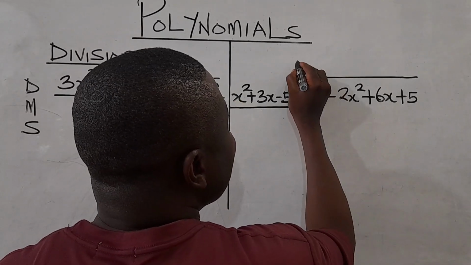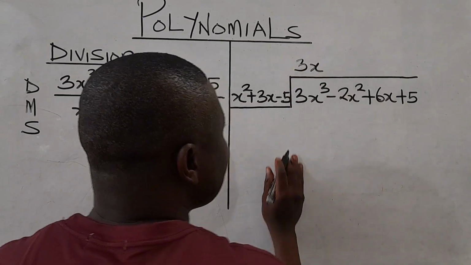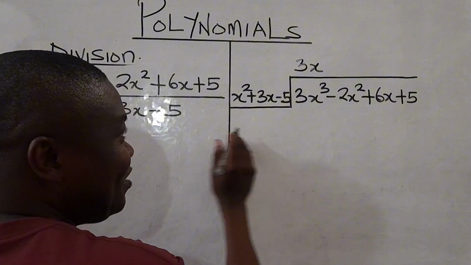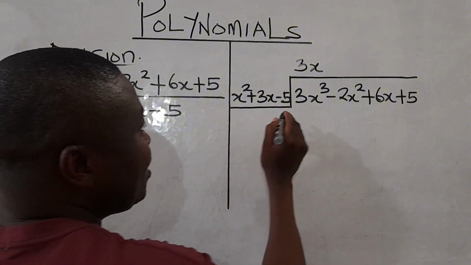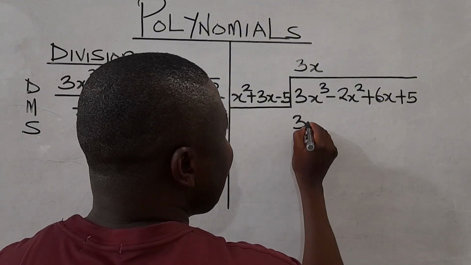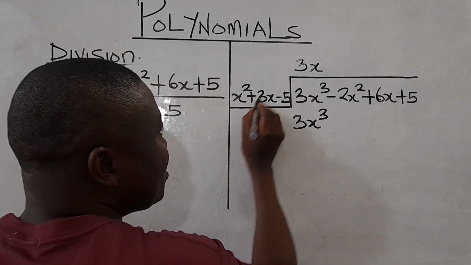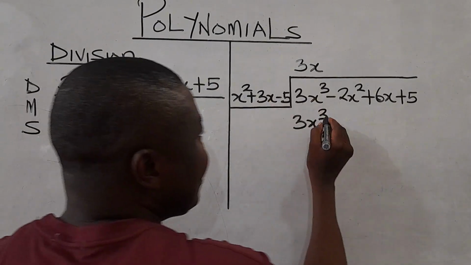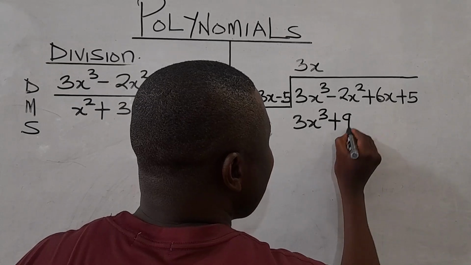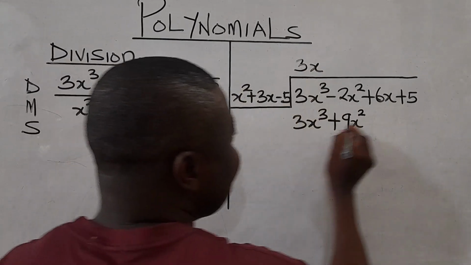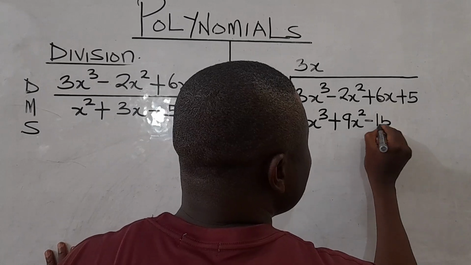We have 3x. 3x multiplied by x squared that we divided the dividend with, we have 3x cubed. 3x multiplied by 3x, we have 9x squared. 3x multiplied by minus 5 is minus 15x.